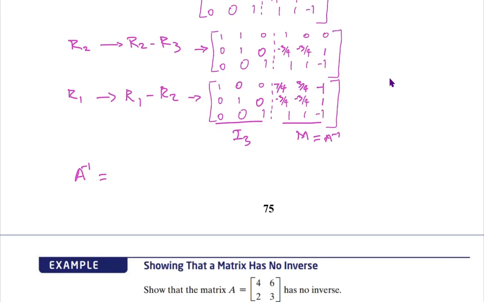So that's A inverse equals, let me copy my stuff here because I would not have enough time here. So that's my inverse. That's my A inverse.